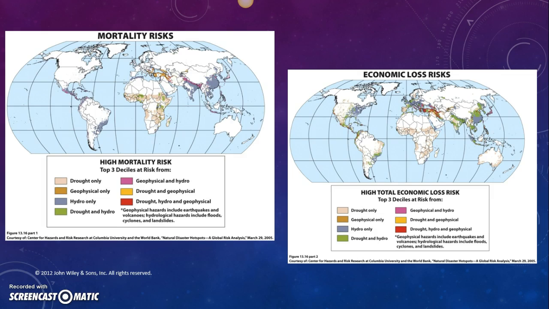Parts of India, China, and Southeast Asia, both drought and hydrological hazards. And so you can see there's some overlap on these maps, but there's also a lot of areas where things are very, very different, or where you wouldn't expect to see as many problems.